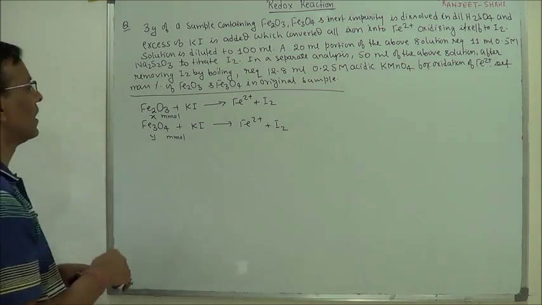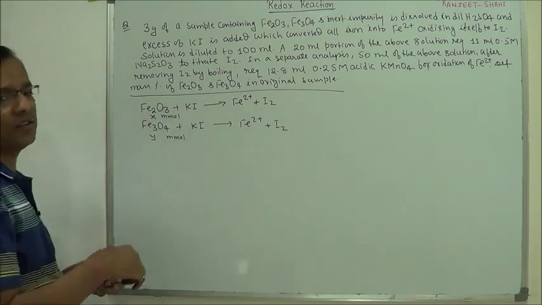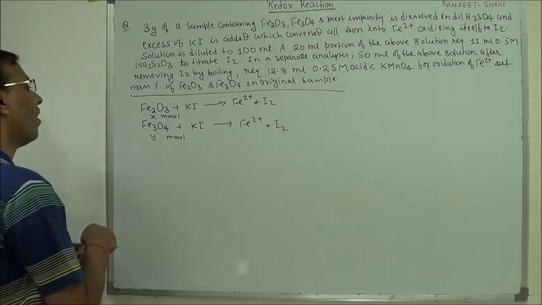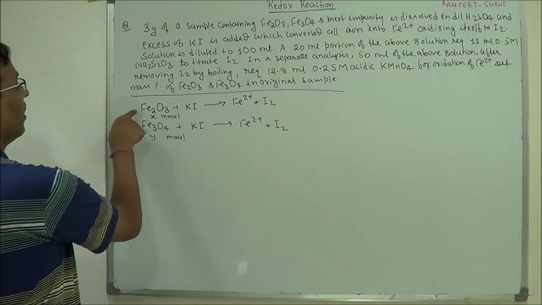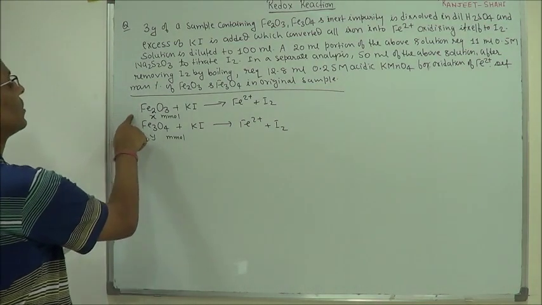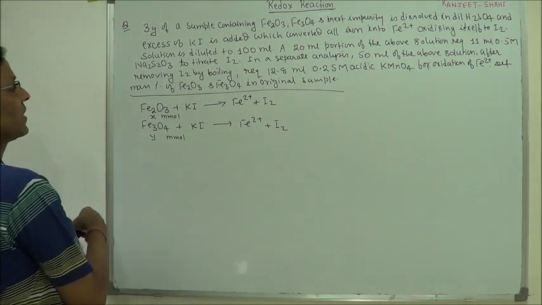So, in this analysis, what is the N factor for Fe2O3? Here the iron is total plus 6, 3 oxygen minus 6, so 2 iron plus 6.